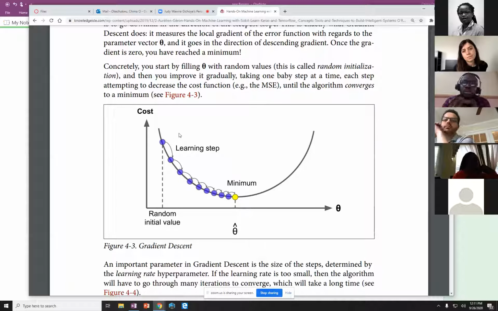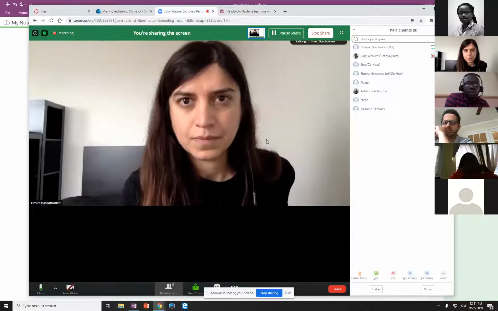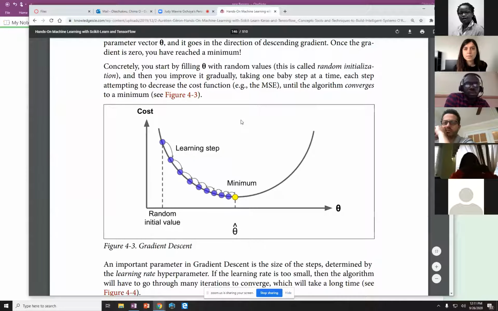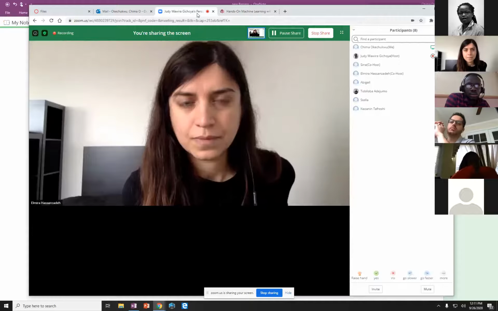In gradient descent, you pick a random value of theta, and typically this value will be wrong. You compute the cost and check if it is correct, then you adjust your value of theta so that your cost keeps going down. Does that part make sense?